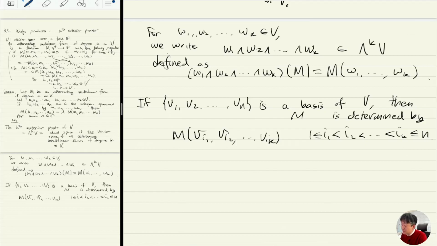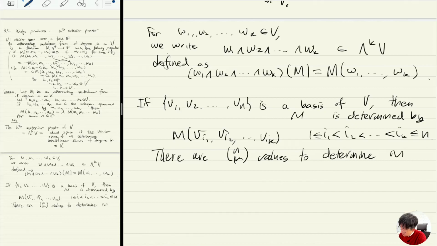So that means there are n choose k values to determine M, and all these things are linearly independent.